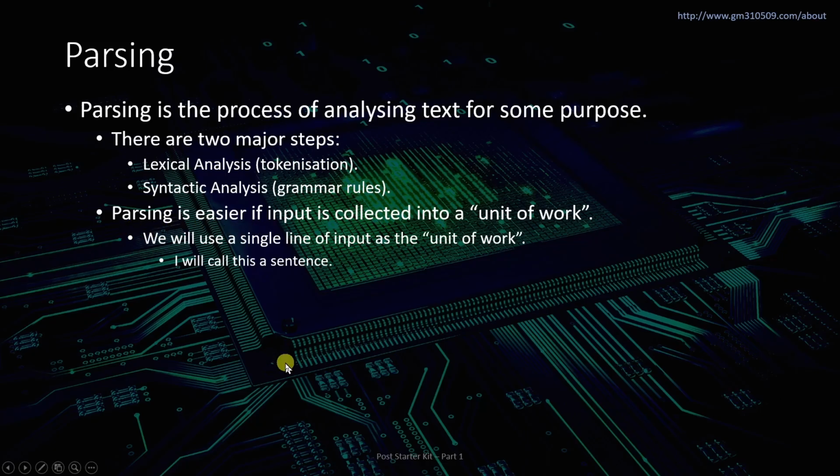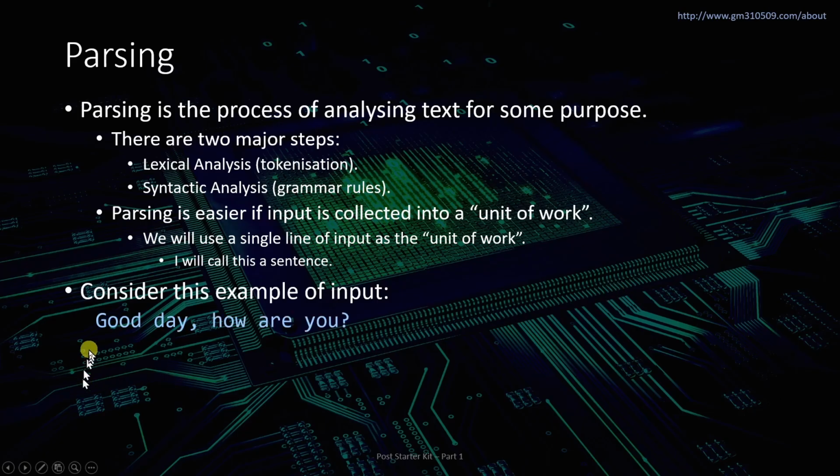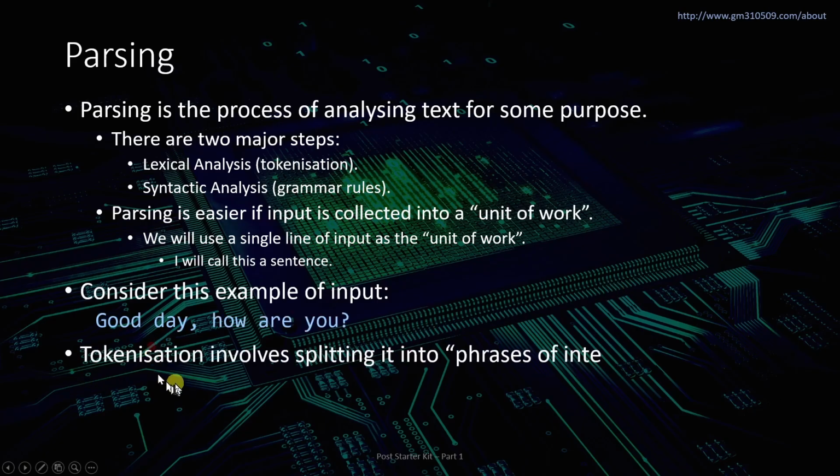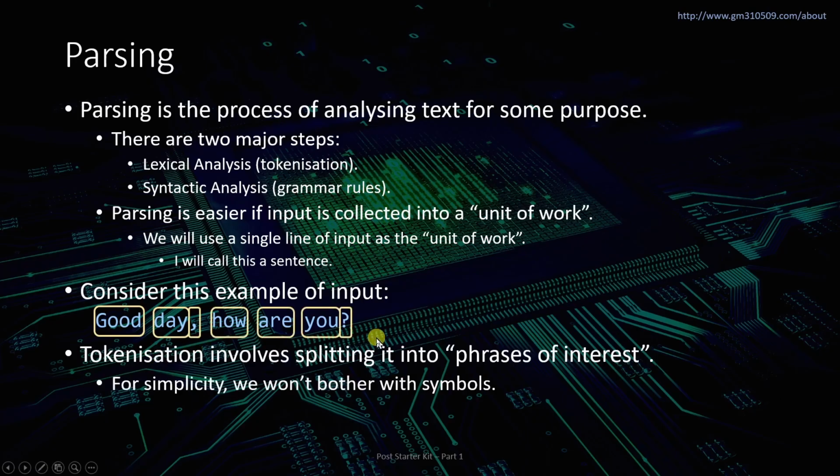And so, as I've been saying, the process is a little bit easier if we collect all of our input into a unit of work, and I've been calling that a sentence. So let's consider this simple example. When we do the lexical analysis or identify the tokens, we'll identify each one of these things that I've put little yellow boxes around. Now, in this scenario, I'm not going to bother with punctuation characters.